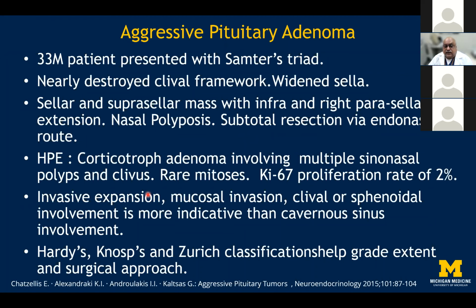This was an aggressive pituitary adenoma. The lesion also involved portions of those polypoidal lesions in the nasal cavity as well. And there are several classifications, including the Hardy's, Knosp's, and Zurich classifications for grading the extent of the sellar tumors and also for aiding the surgical approach.